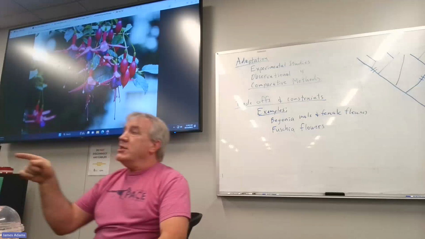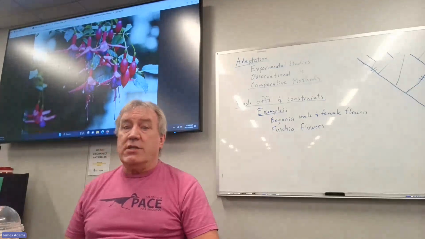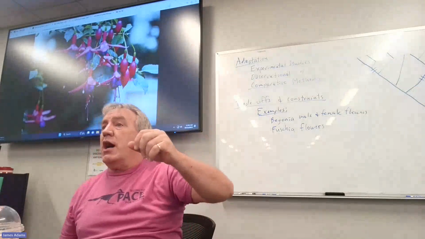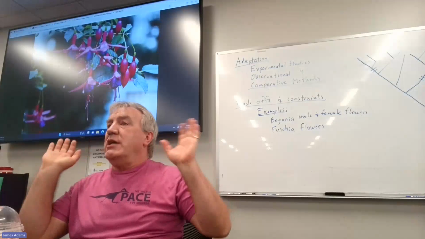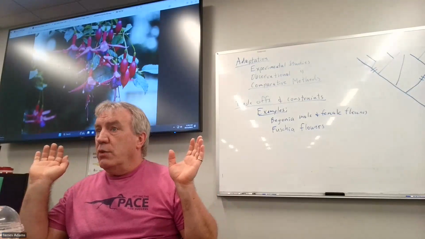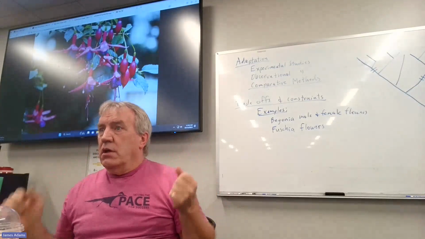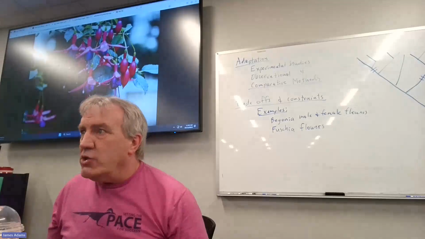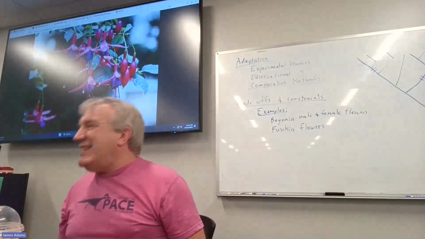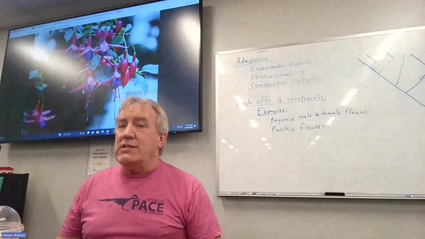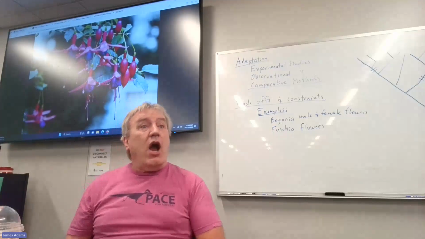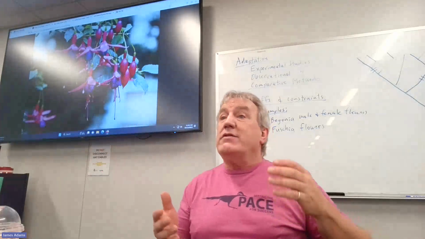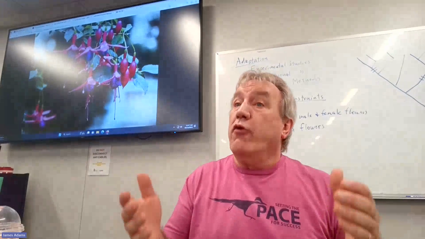You understand what I'm saying? Because if you go along, as soon as they turn color, if you whack them off, no seeds. You with me? No seeds. You have to let the pollen tube grow. The sperm have to get to the eggs to fertilize them to produce seeds. So they are constrained by the amount of time it takes for the pollen tube to grow.